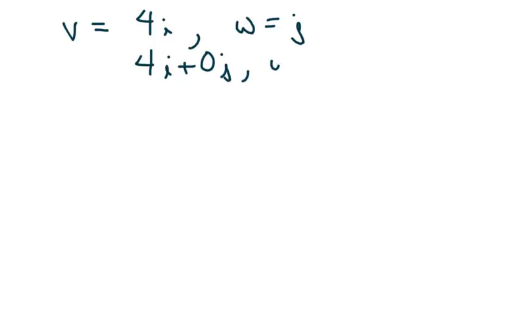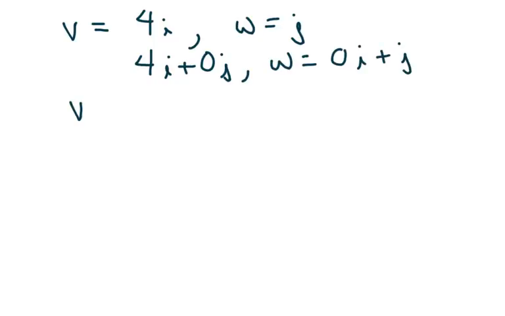Let's say v equals 4i and w equals j. So we're going to do the dot product. Basically, we can rewrite these as 4i plus 0j and w equals 0i plus j.